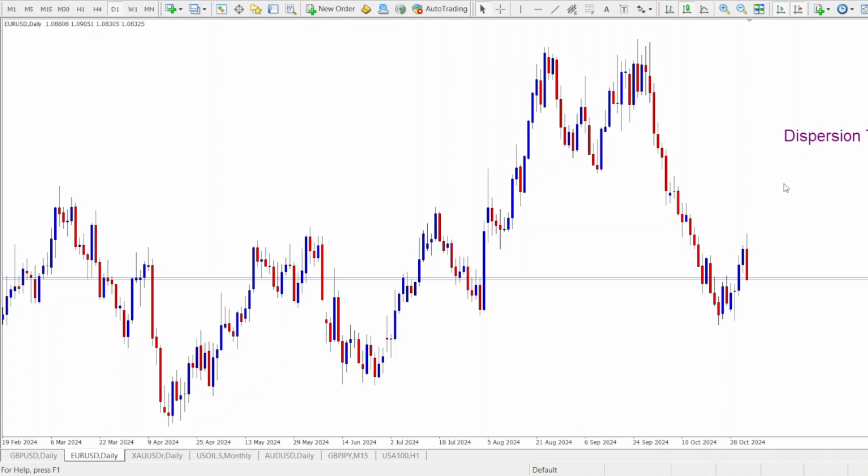Now, dispersion trading isn't without its challenges. It's a more complex strategy and often requires a deeper understanding of correlation analysis and market behavior. You'll need tools and data to track volatility spreads and currency pair correlations accurately. Also, like any strategy, it comes with risks. If the correlations between currency pairs shift unexpectedly, or if volatility changes in unforeseen ways, your trades could take a hit.